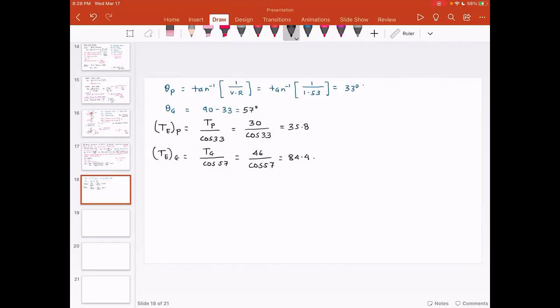So what we can do is we can find out the value of y prime, which is 0.124 minus 0.686 divided by 35.8. That is 0.105.